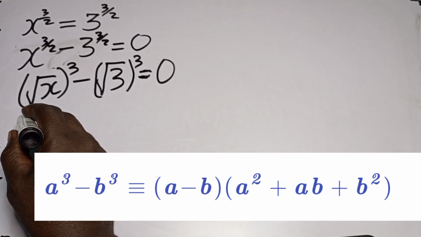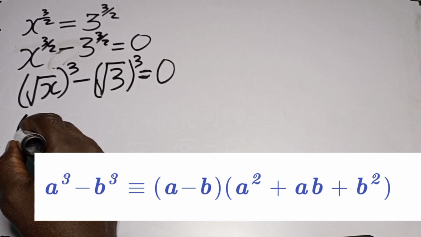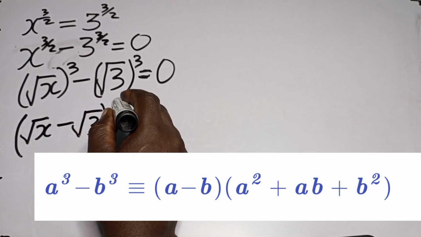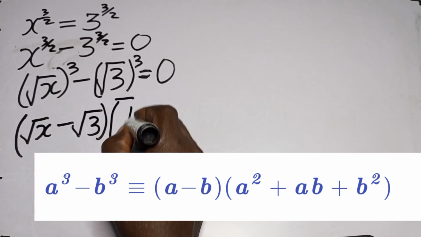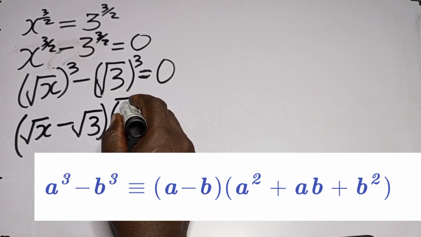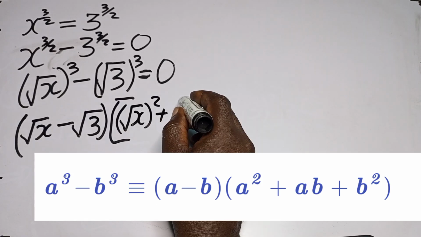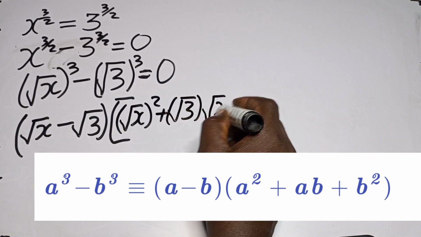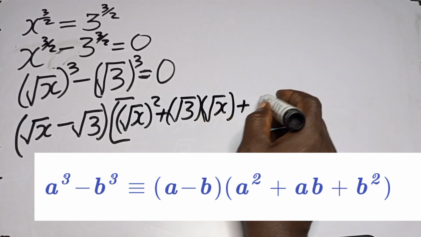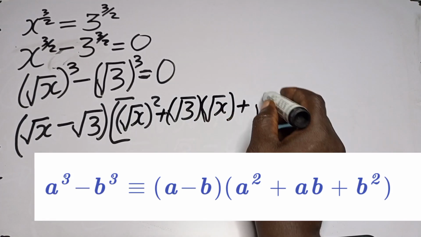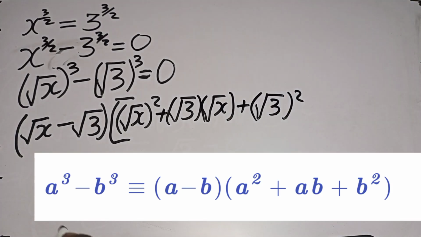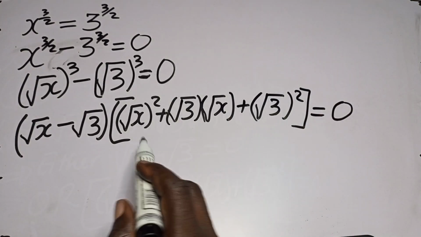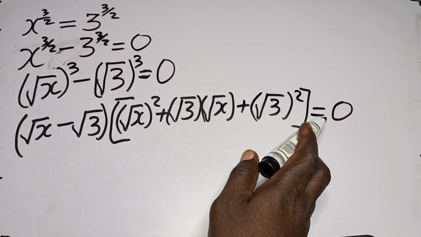Using that difference of cubes identity, we're going to have here root x minus root 3 into root x squared plus root 3 root x plus root 3 squared equals 0. So our equation is this.